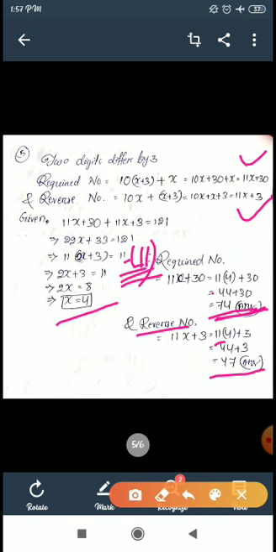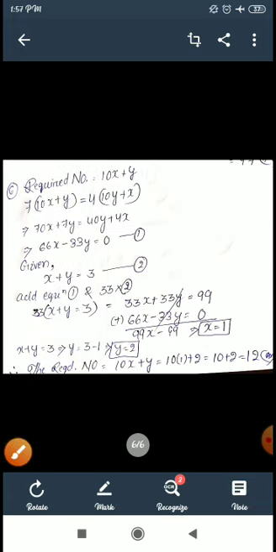Now see question number 6. 7 times a given 2-digit number is equal to 4 times the number obtained by reversing the order of digits. The sum of the digits of the number is 3. Find the number.